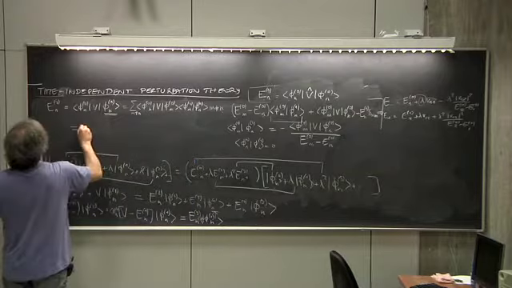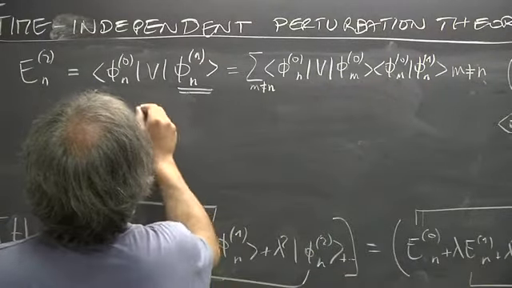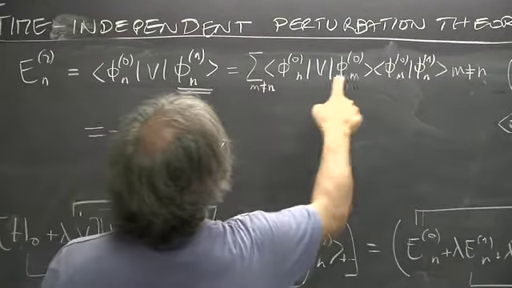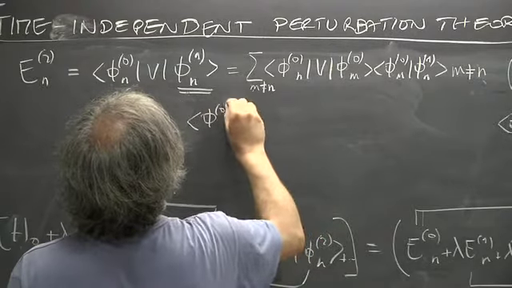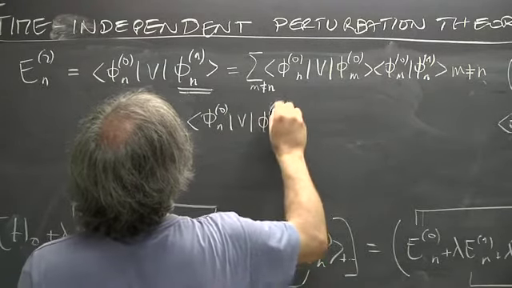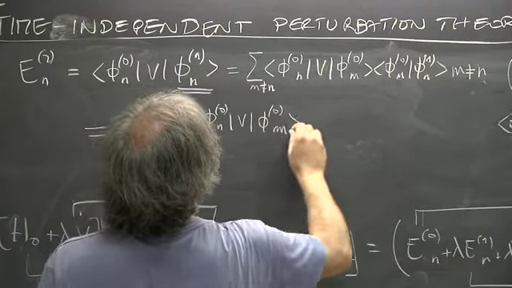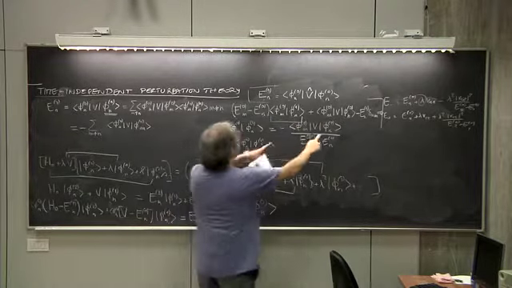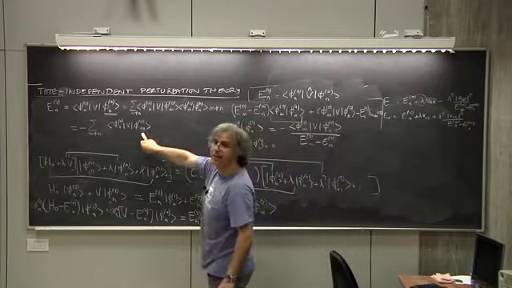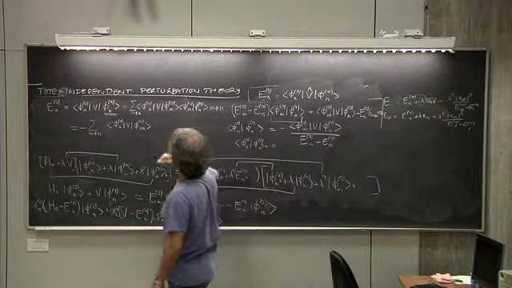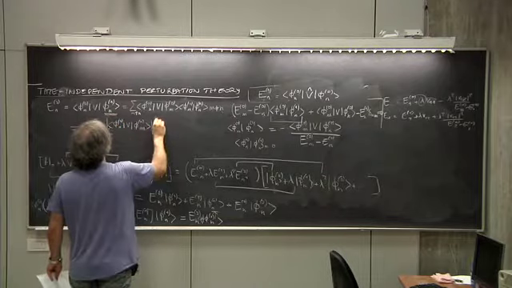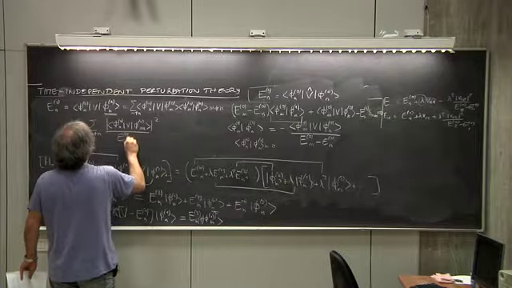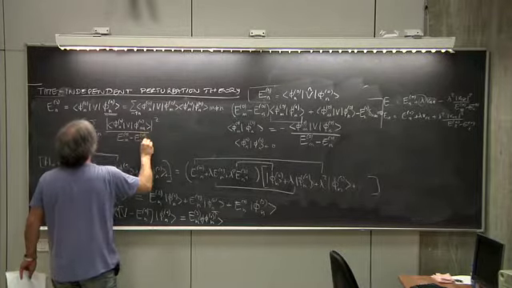So what I get is minus the sum over m different from n. Then I have this element, so phi 0n V phi 0m times this, okay? But you see that this is nothing but the star of that, since m and n are exchanged. So I can write this as the modulus square, and then I have the denominator, which is E0m minus E0n, okay?